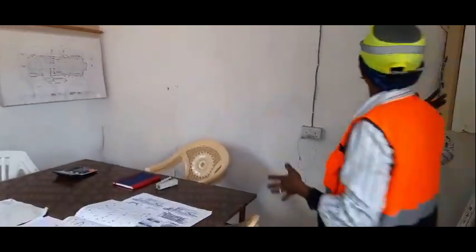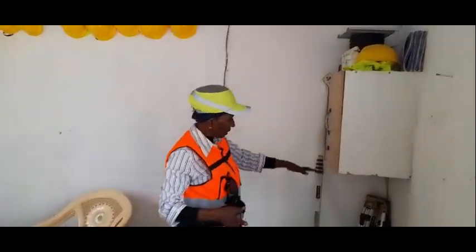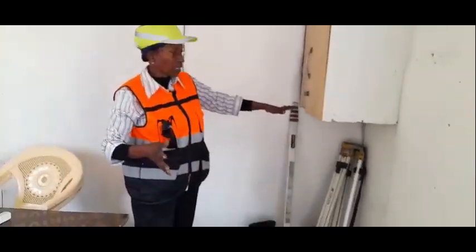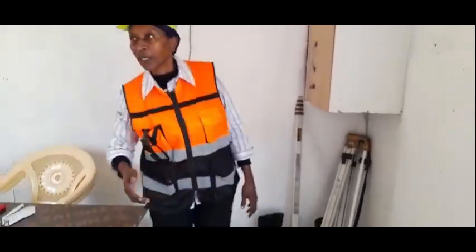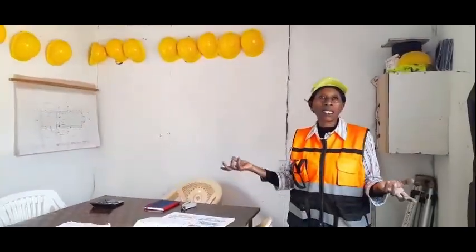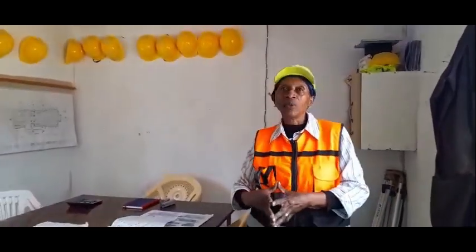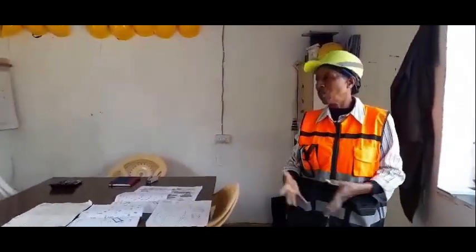There should also be the engineer's surveyor equipment. So for work to be properly done, we are showing an example of what is expected on a good, well-managed site. So keep watching, and we'll tell you as we go along how a construction is done.